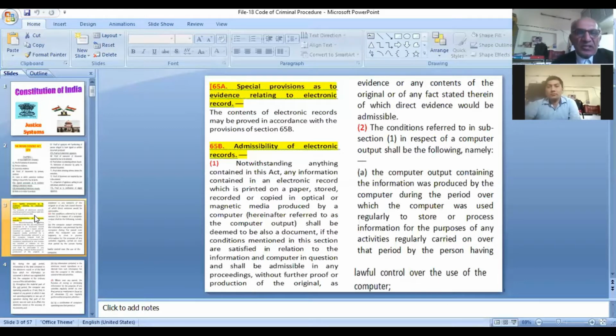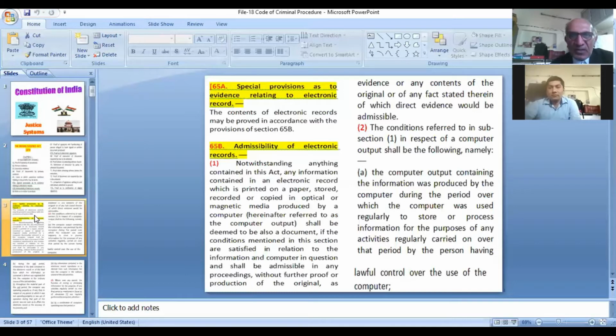The section reads that the contents of electronic records may be proved in accordance with the provisions of section 65B. See, the chapter is of documentary evidence. The word used here is electronic records.